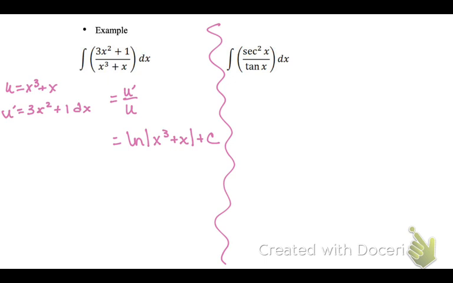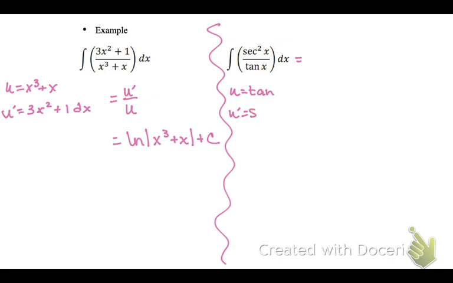Okay, so if we're going to use natural log, what our u better be what? Tangent. And what is the derivative of tangent? Secant squared, isn't it? Well, if this is going to work, it better be secant squared, right? I think it is.